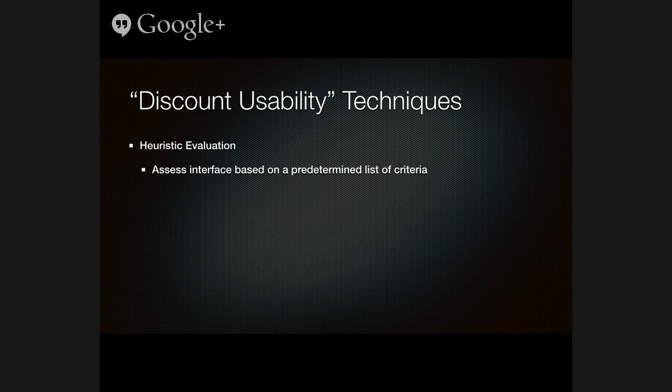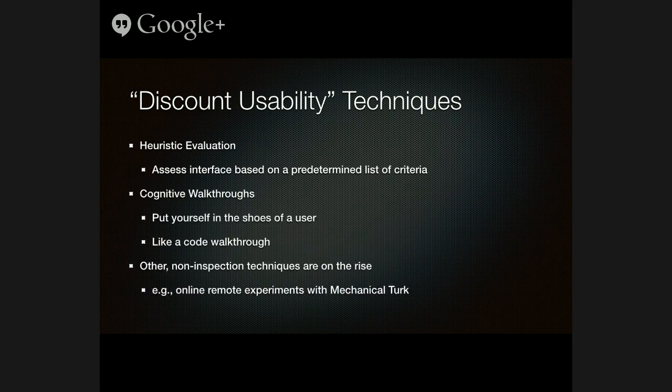And then I also want to talk about one more big one today, which is cognitive walkthroughs. It's like a heuristic evaluation, except without the heuristics, if that makes any sense. Basically, you, as the usability expert, sit down and walk through a user interface, and you're given a set of tasks by whoever designed the interface, just as a user study participant would be given a set of tasks.